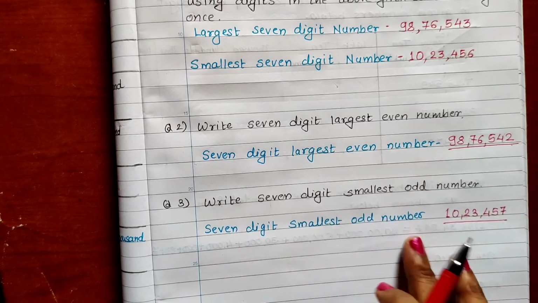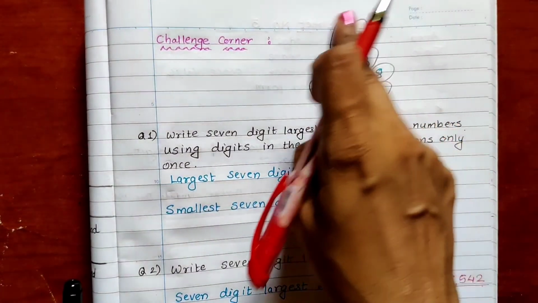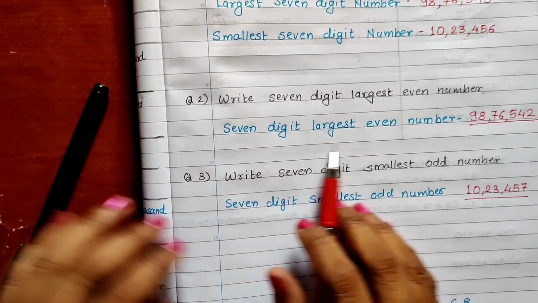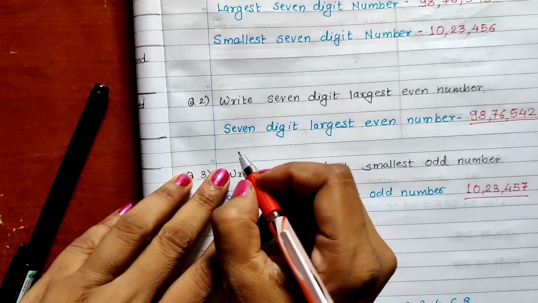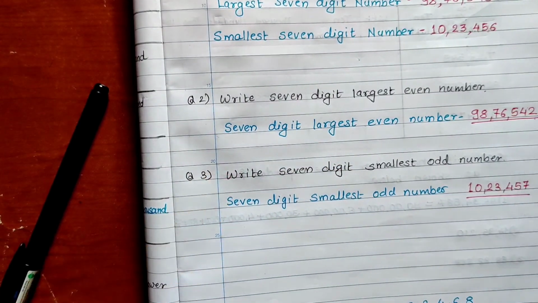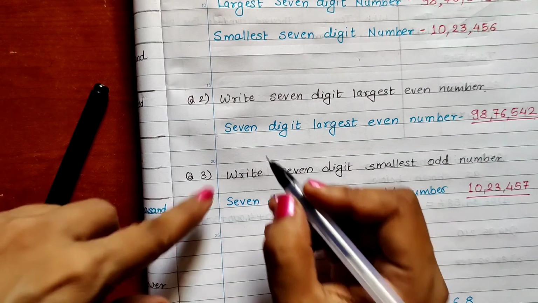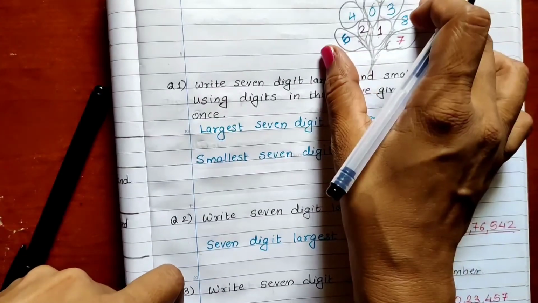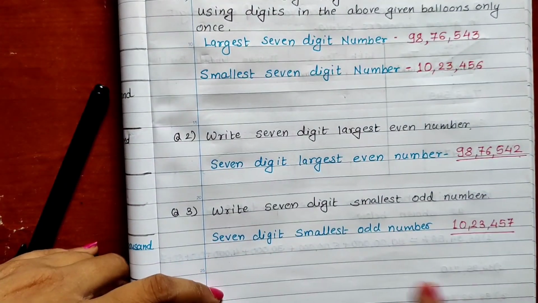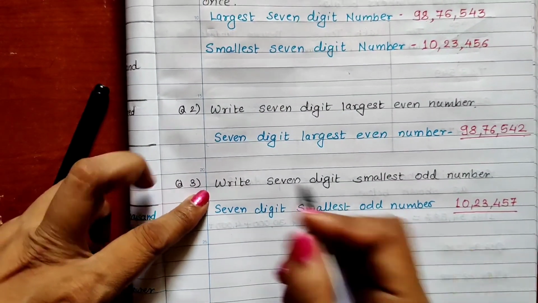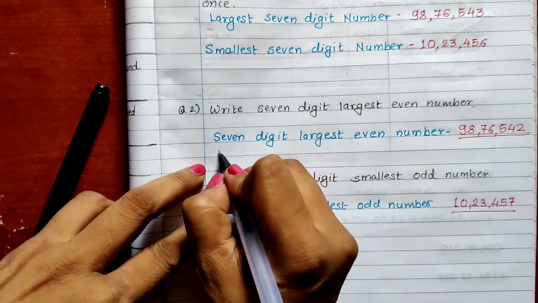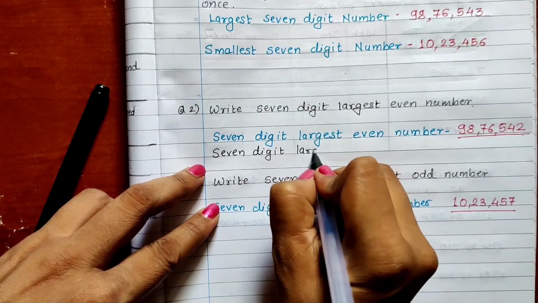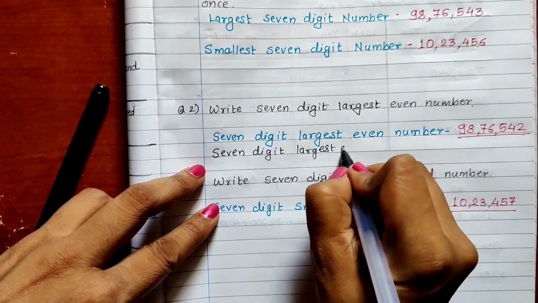So these answers we have written from the diagram or picture given to us. But in general, which is the 7-digit largest even number? I am asking you in general. Okay, so here I will write in general. Overall this answer we have written from this picture, but if instead of the picture you are asked in general to write the 7-digit largest even number, what will it be?